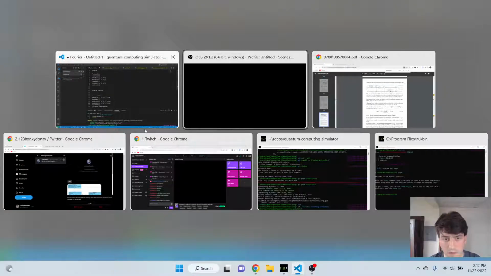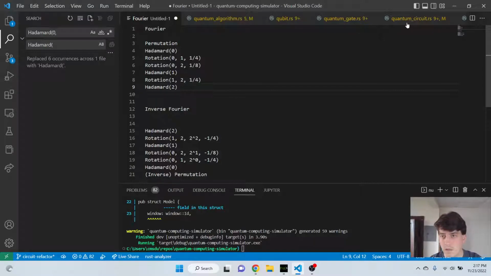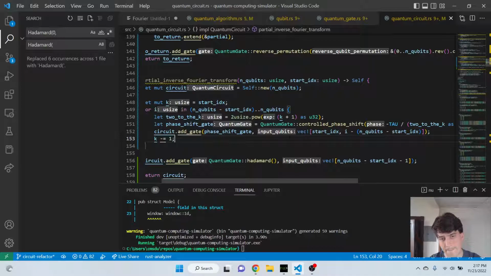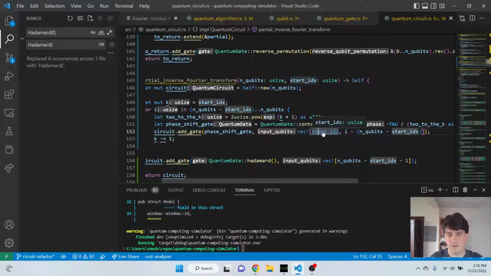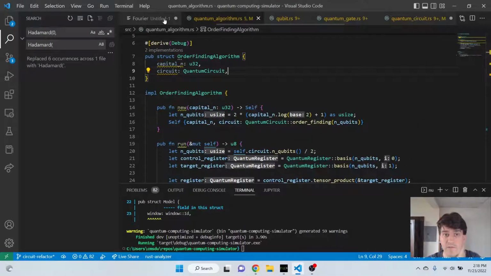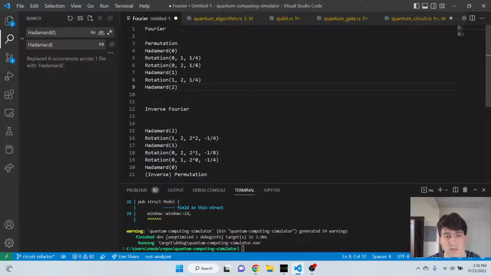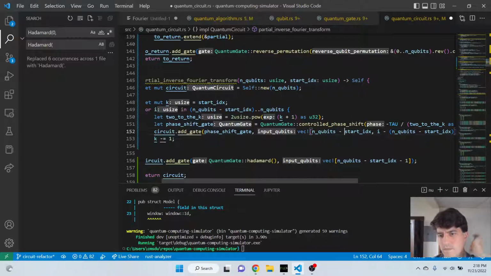And so this should be n qubits minus... this needs to count down from n qubits minus 2 from n qubits minus 1, right?